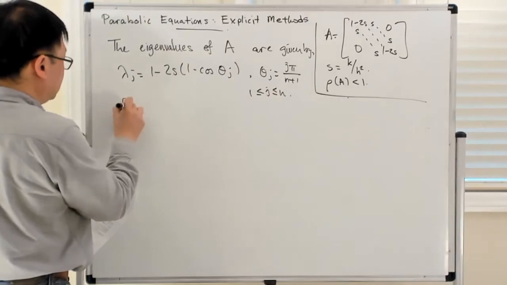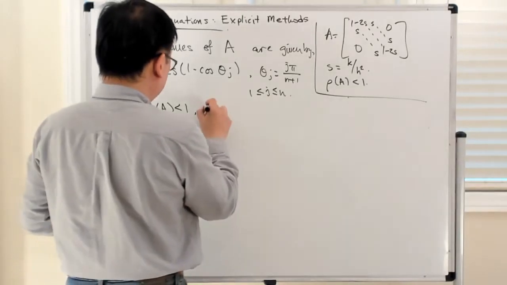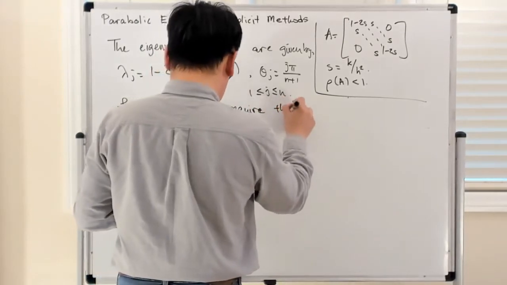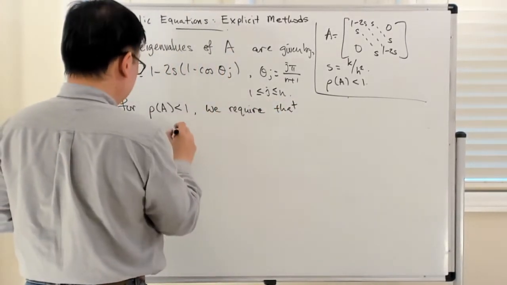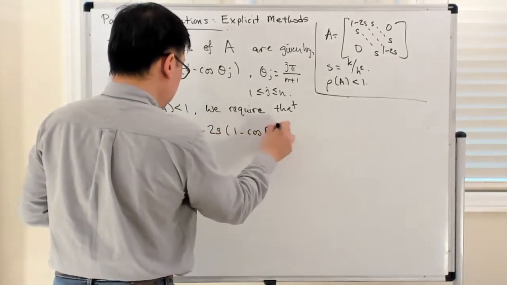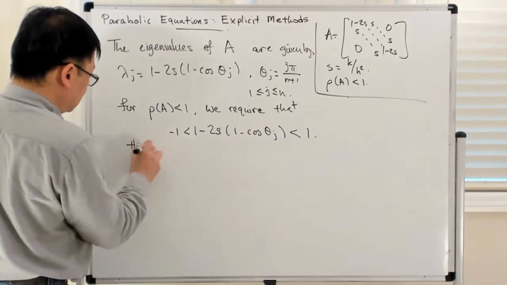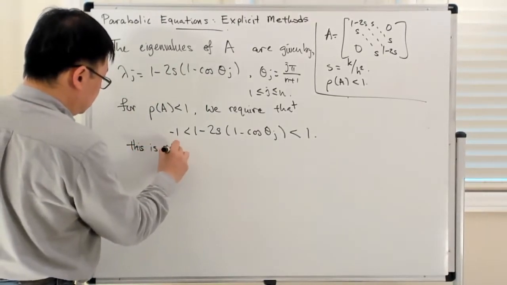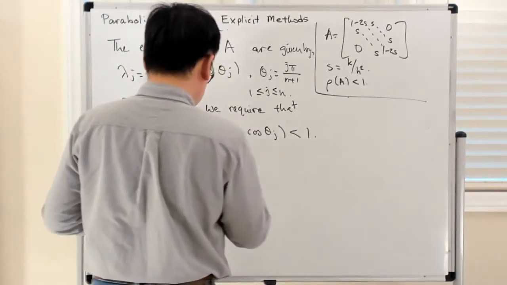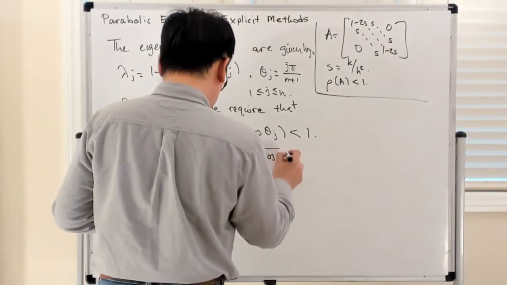Okay, so for rho of A to be less than 1, we require that this whole range is between minus 1 and 1. This is true if and only if s is less than 1 over 1 minus cosine theta j.